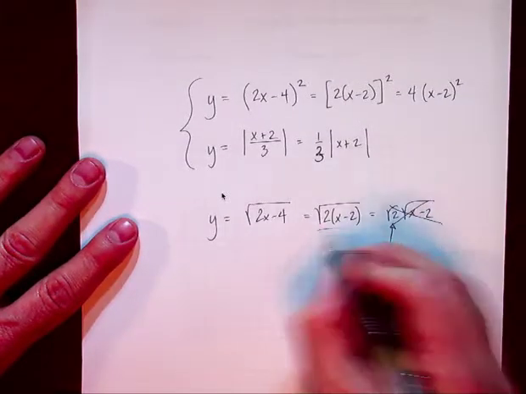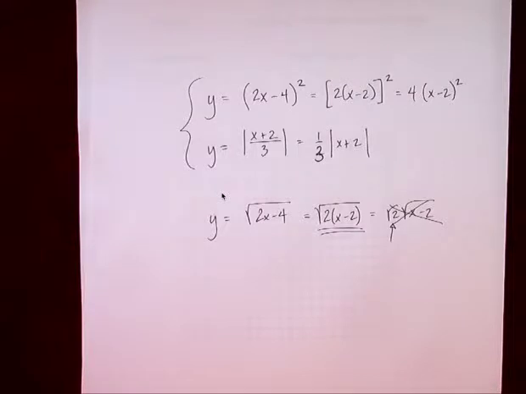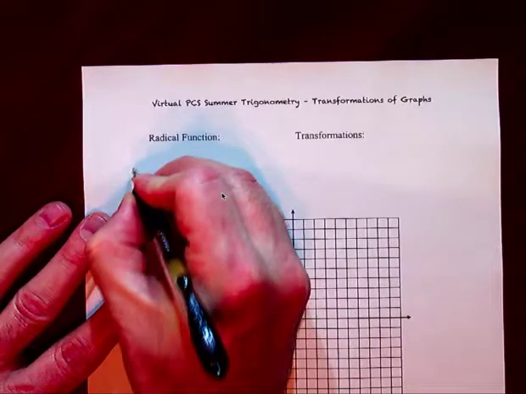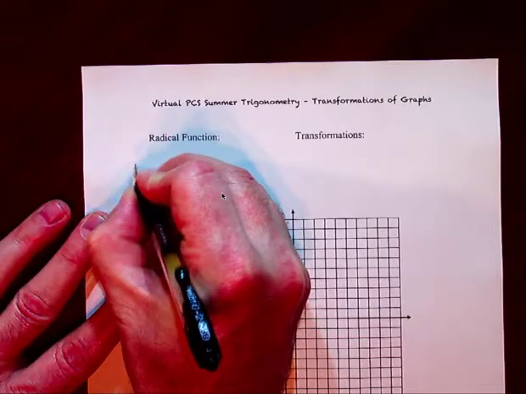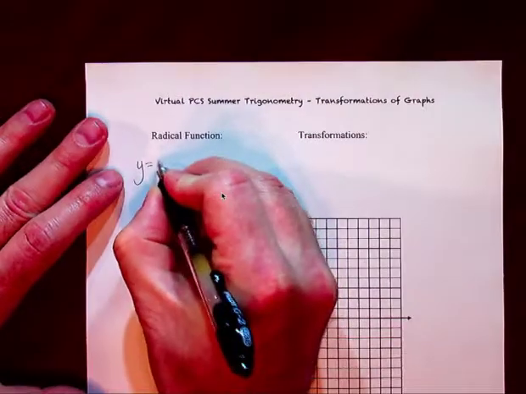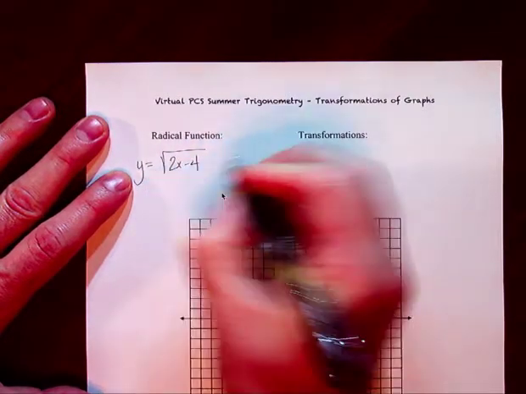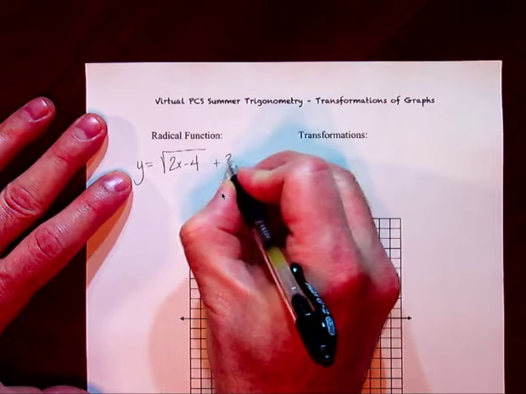It's actually easier to go ahead and reckon with that b value dealing with the horizontal change in shape rather than trying to stretch by a magnitude that is defined by an irrational number. That's just not fun, okay? So what we're going to do is let's do y is equal to the square root of 2x minus 4, plus 3. Okay.